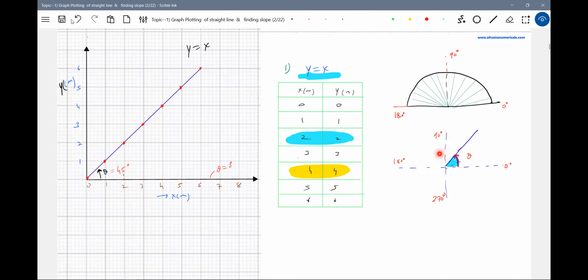Then what about the negative? So let this be a straight line which will subtend an angle. Here is that theta.